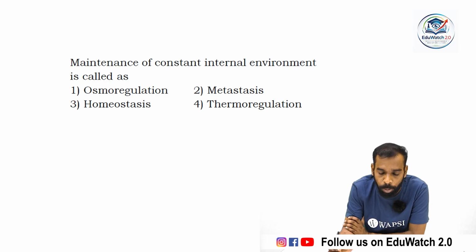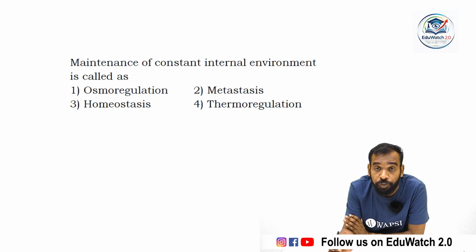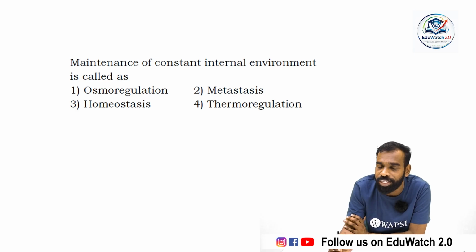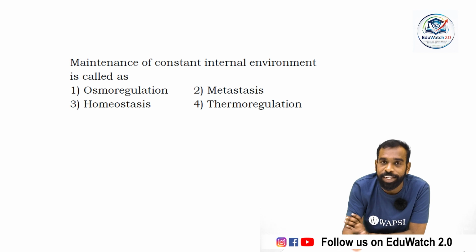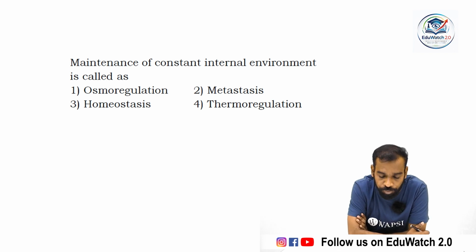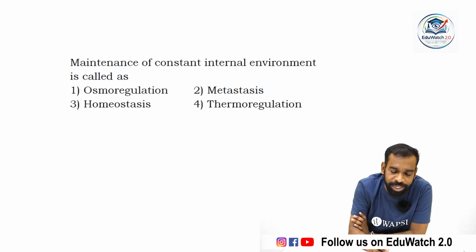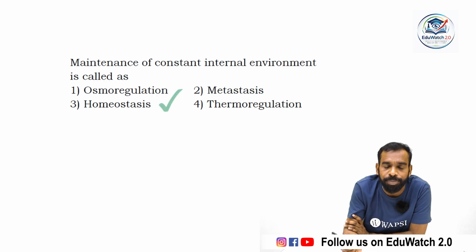Option number 2, metastasis. Option number 3, homeostasis. Option number 4, thermoregulation. Could you please concentrate on the question once again? Maintenance of constant internal body environment with respect to external environment. No doubt, answer is homeostasis.